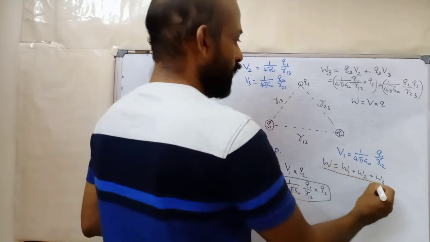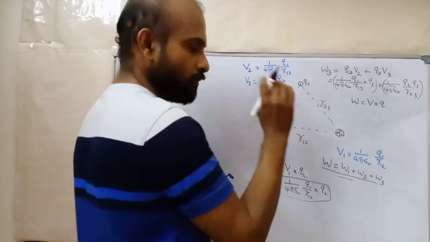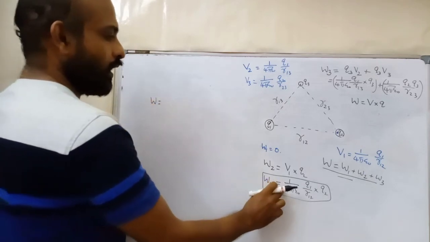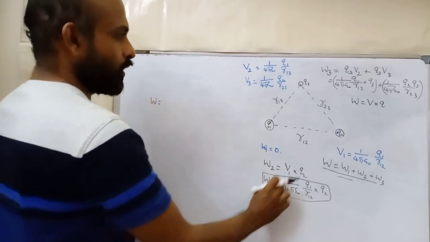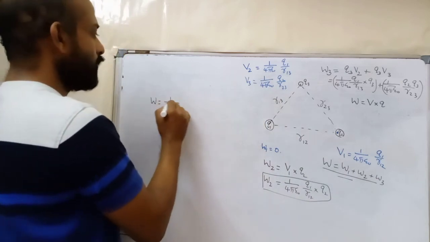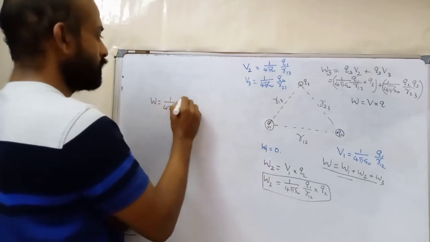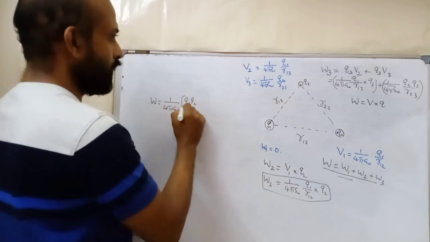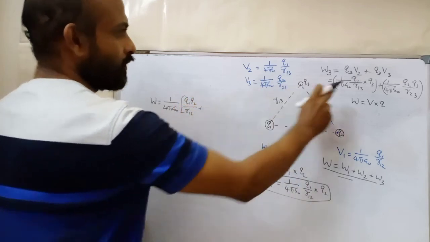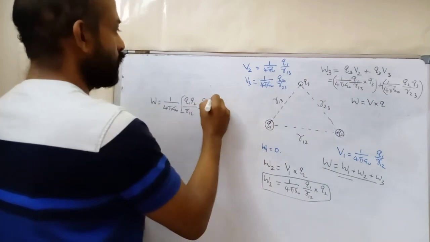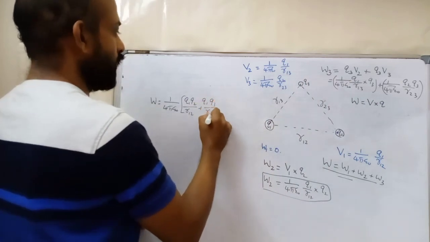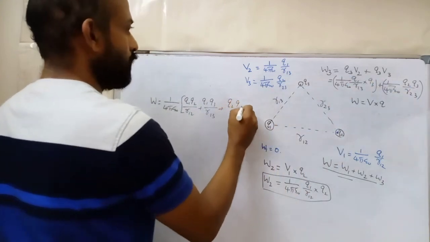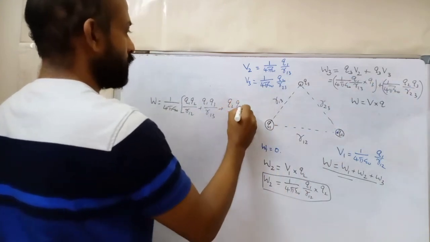This work done is called the net potential energy of the system. Total work done is W1, W2 and W3. In all these, 1 by 4 pi epsilon 0 is common. Then the first term is Q1 Q2 by R12, then Q1 Q3 by R13, plus the final term Q2 Q3 by R23.